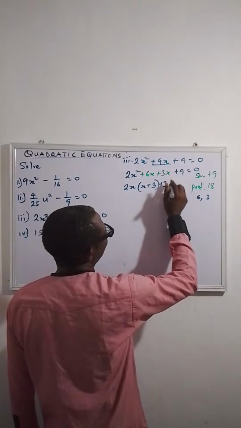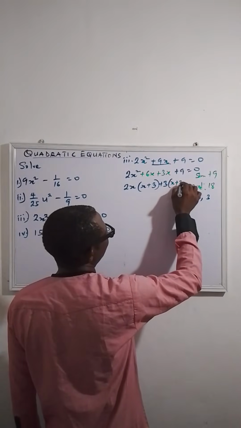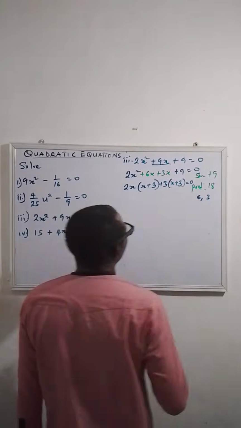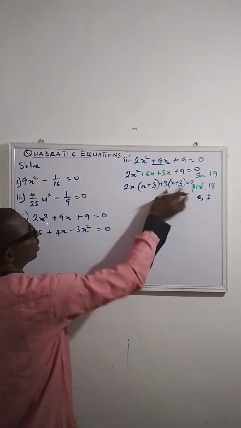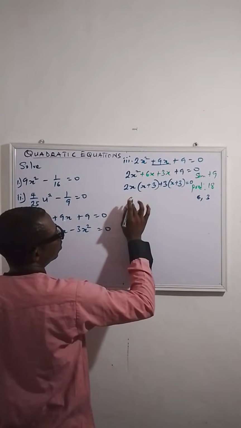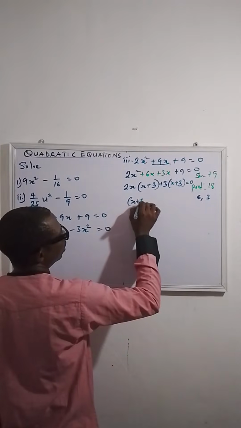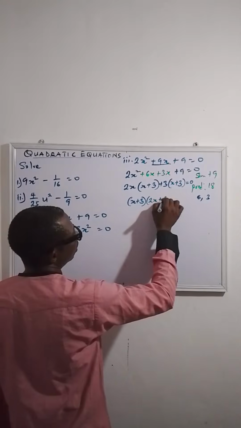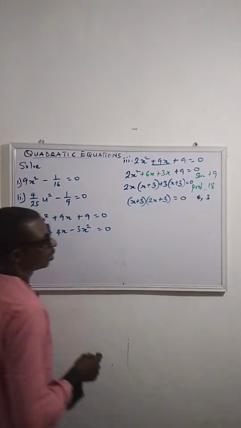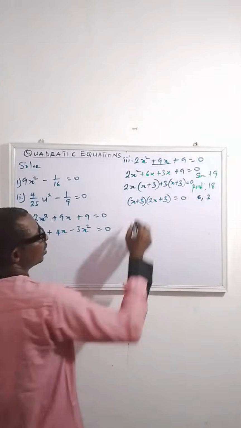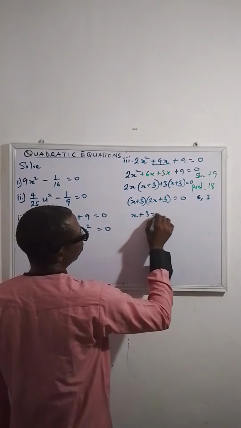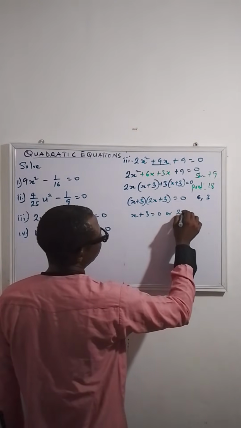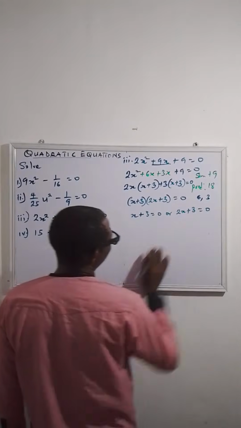But 3 can also go, we have x plus 3 equals 0. So you can factor out x plus 3. We are left with 2x plus 3 equals 0. So in this case, we have x plus 3 equals 0, or 2x plus 3 equals 0.